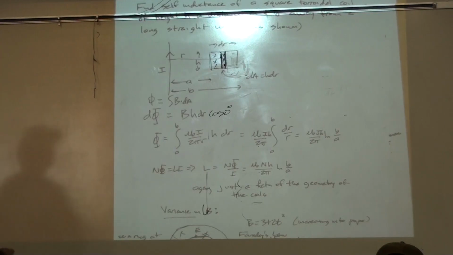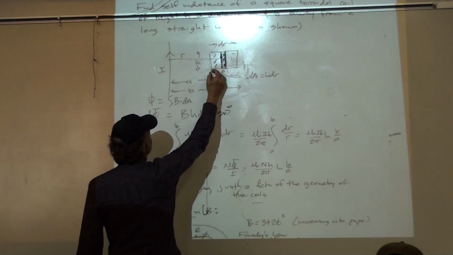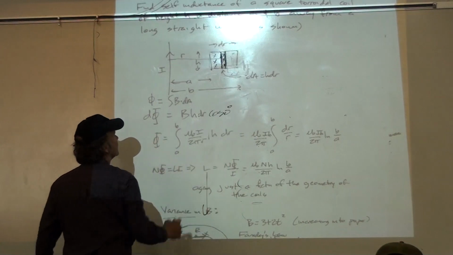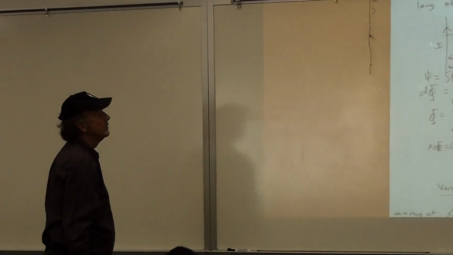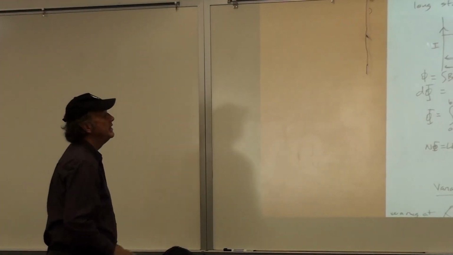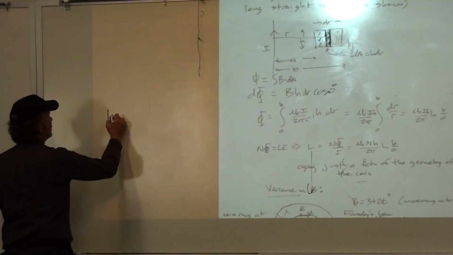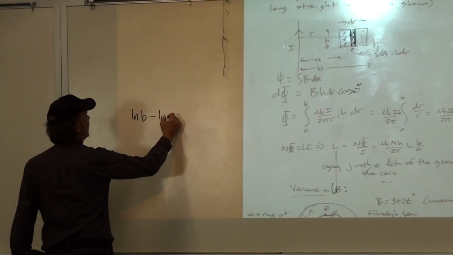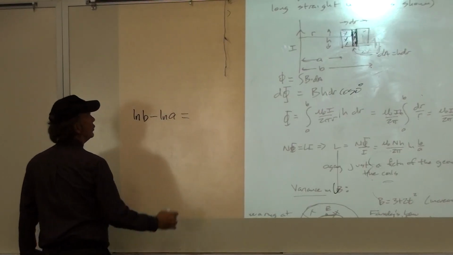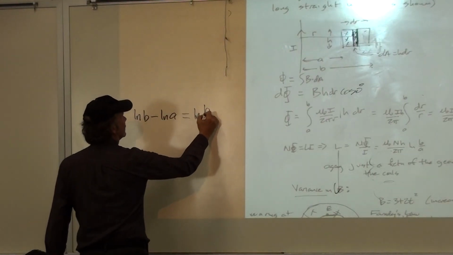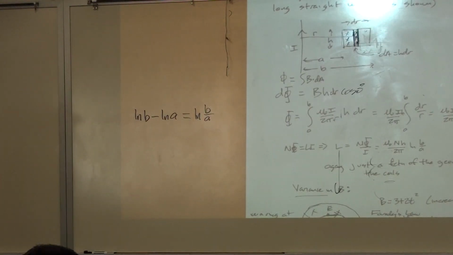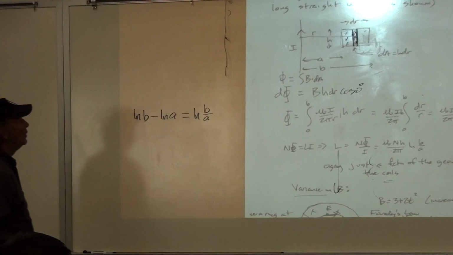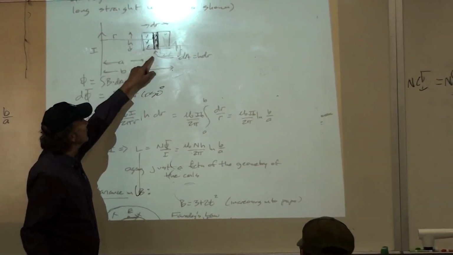Okay, so a then is this short distance, b is this longer distance. And so we do that, we get the log of r, evaluated from a to b. So we have the log of b minus the log of a. We evaluate those endpoints. It's log of b over a.